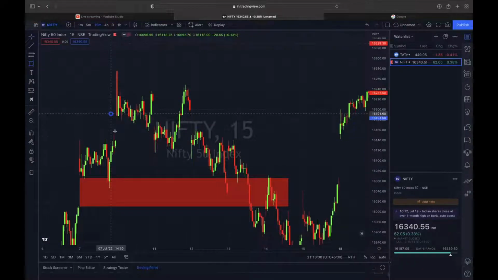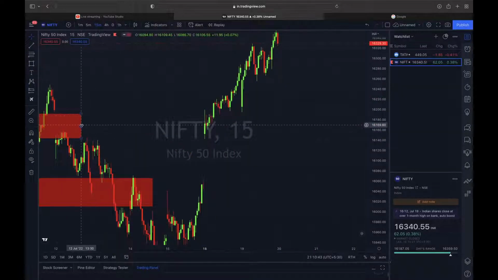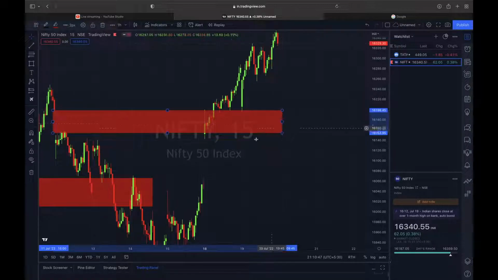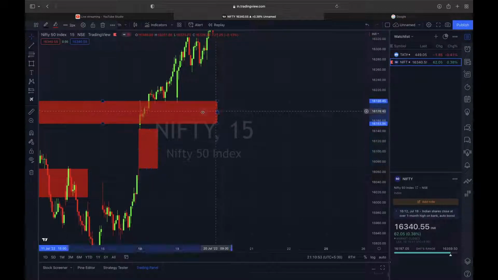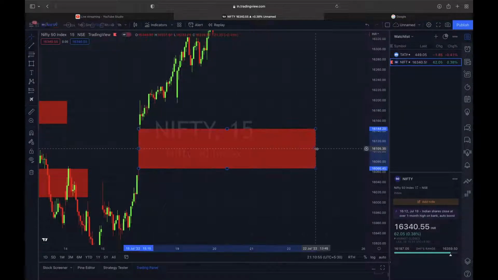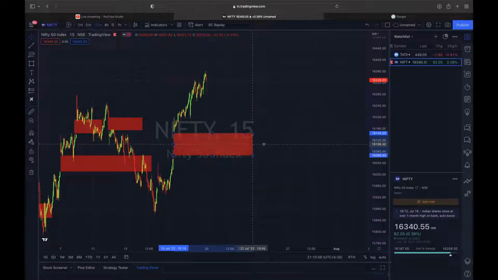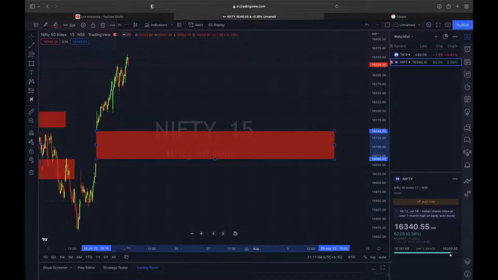Again a gap over here, and it was filled. Again there's a gap over here. Was it filled? No, it is not filled yet. Over time, you can expect the market will come to this level.